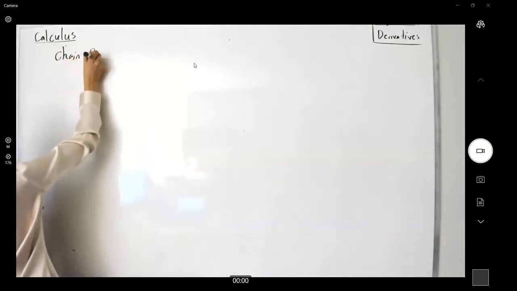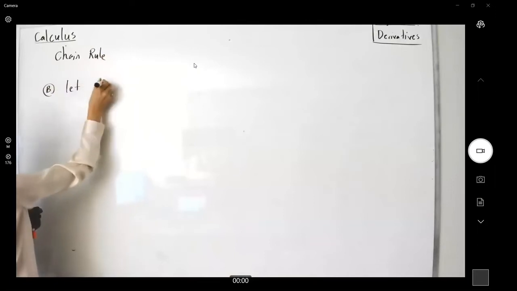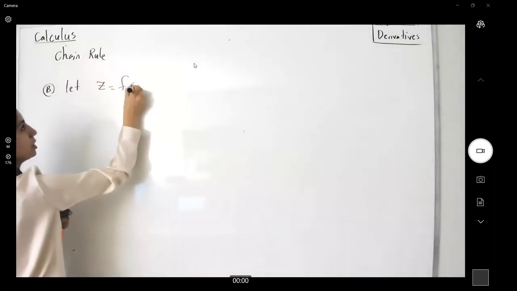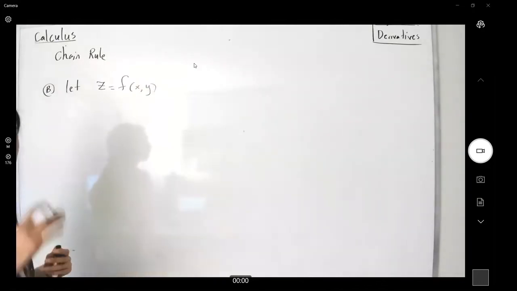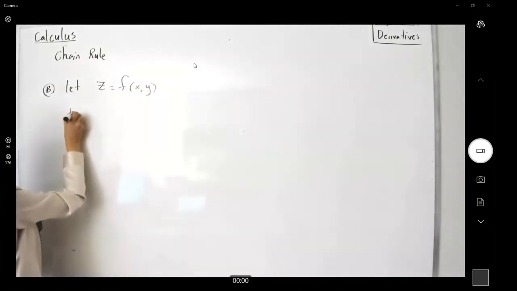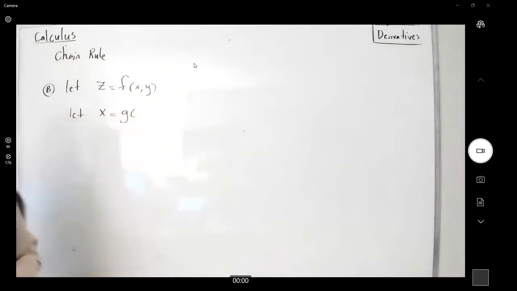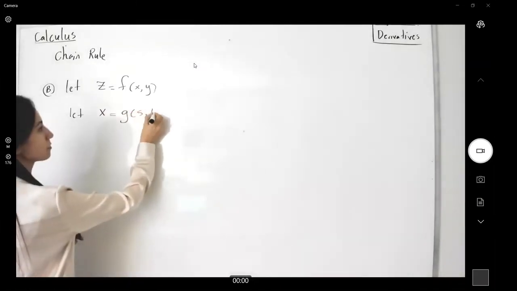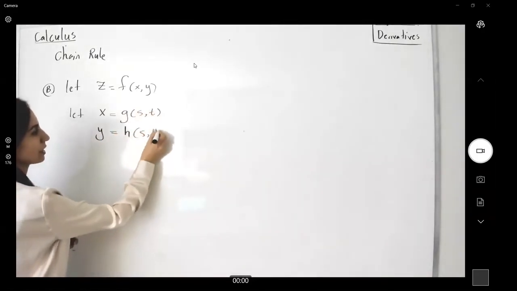The chain rule B. So let z be f of x and y, and x and y are dependent on two new variables. Let x be equal to g of s and t, and your y is h of s and t.